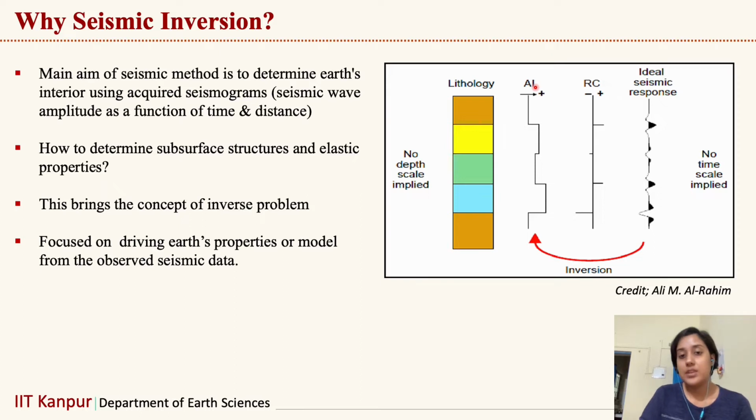And now what is acoustic impedance? It's the product of the rock density multiplied by the rock velocity. That you can also understand from this response. For example, for this particular lithological unit your acoustic impedance response is changing, and when you go towards the next lithological unit, your acoustic impedance response goes in the positive direction, which implies that either your density or your velocity is increasing with depth.